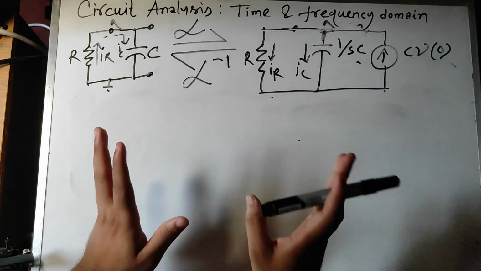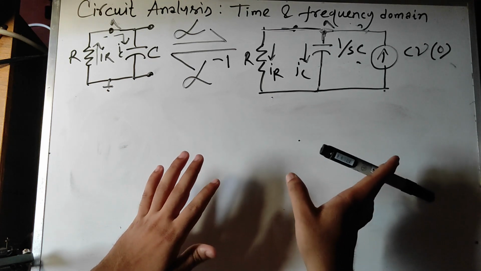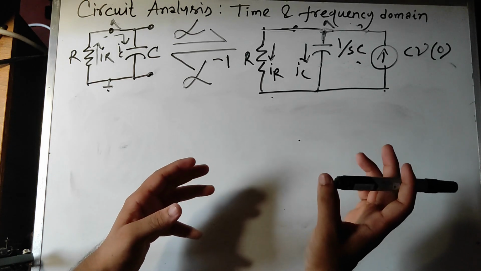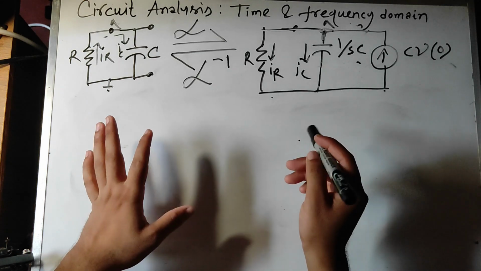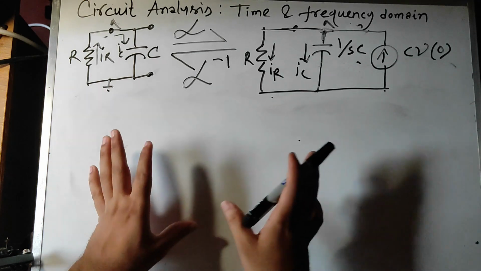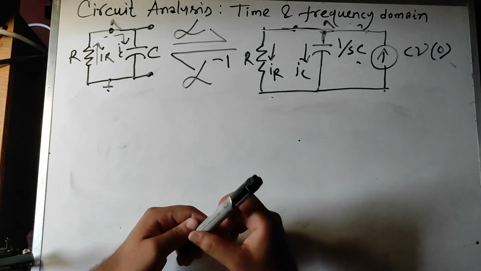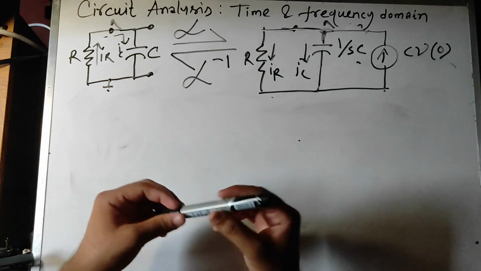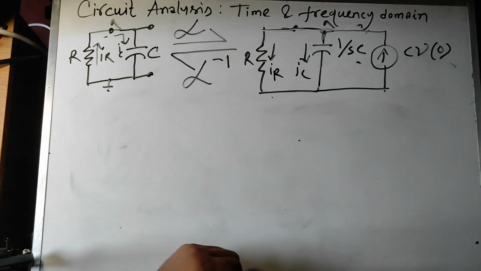We are considering everything, and after consideration and careful assumption and approximation, we are getting a desired output. Okay, that's the response. So as a result of circuit analysis, we got the time domain and frequency domain response. That's it for today.